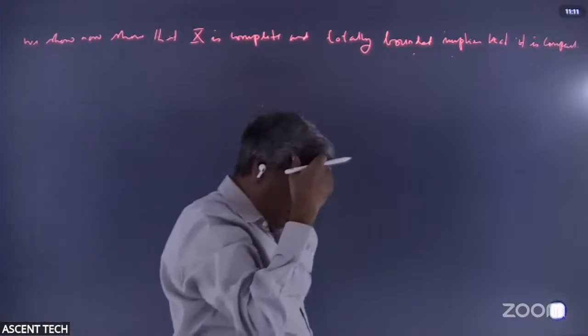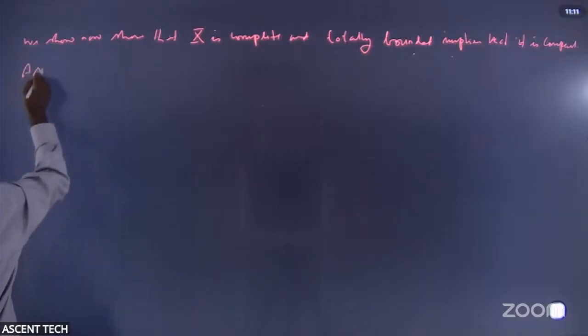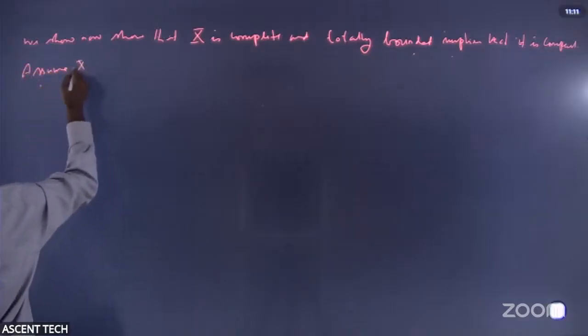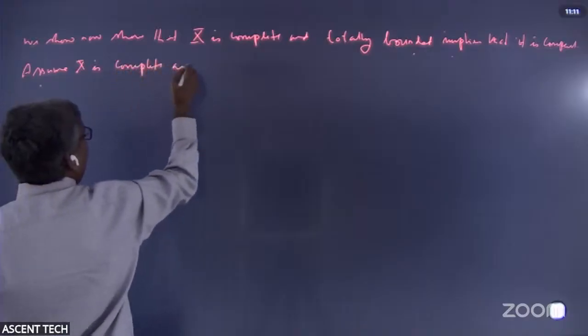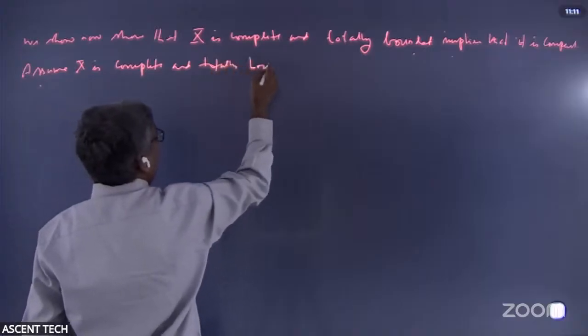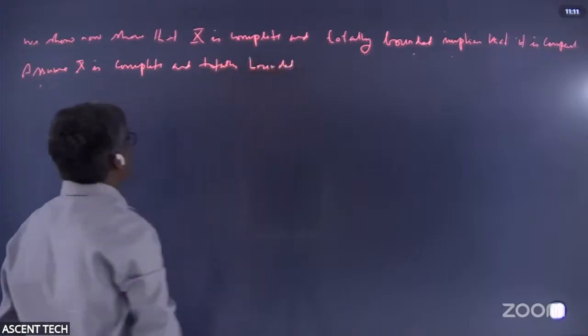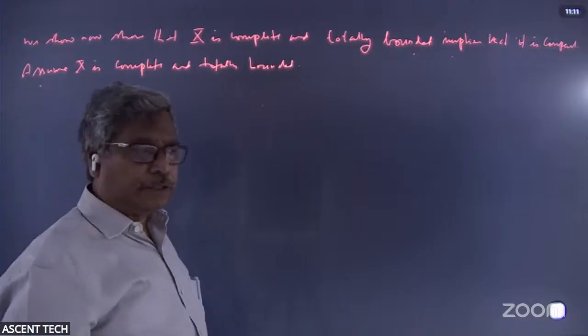So assume X is complete and totally bounded. I want to show it's compact. There are many ways I can show that.